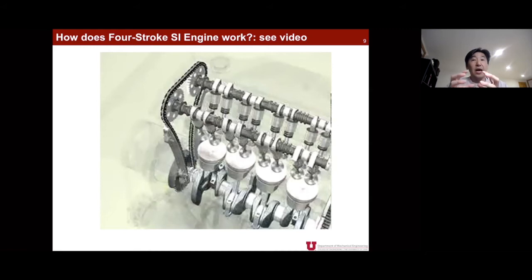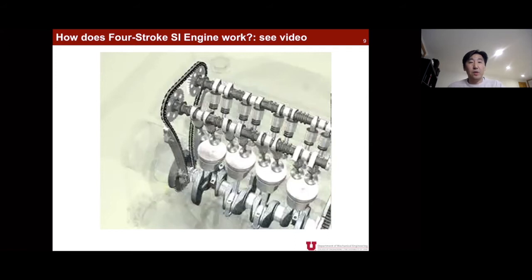Have you seen how the piston moves up and down, how the intake and exhaust valves close and open, where the combustion process happens, and when the ignition of the spark occurs during the entire four-stroke process? Then let us discuss one by one.